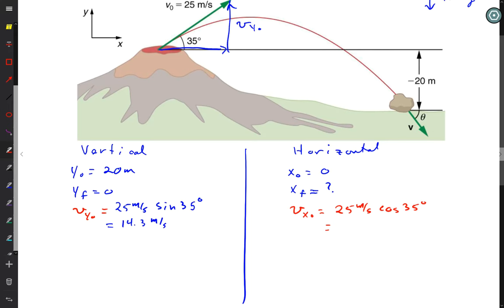And what do we have for that? 20.48. And actually, can you give me one more decimal point for the vertical? It's what? 3 or 4. Okay. Just so we don't throw away information before we get to the answer, we want to keep at least one extra digit beyond our significant digits. There's 2. That makes me feel better.